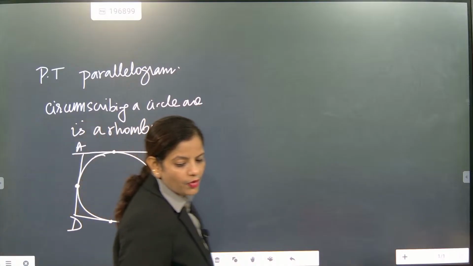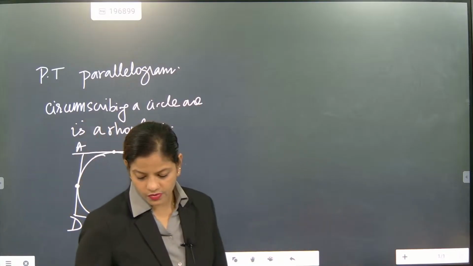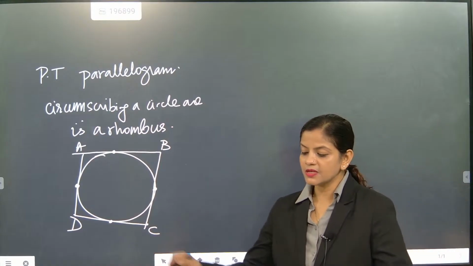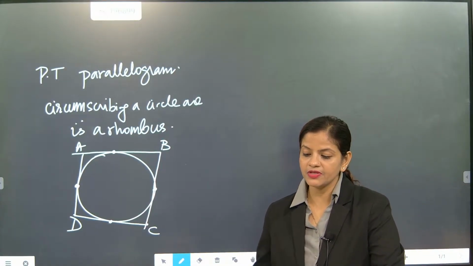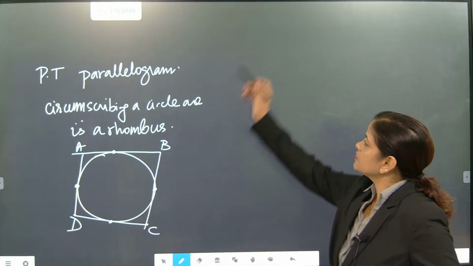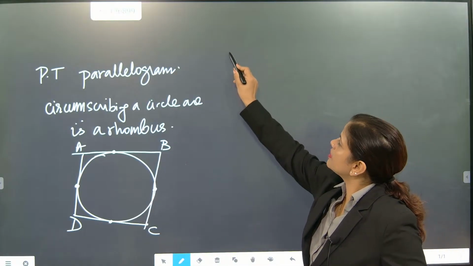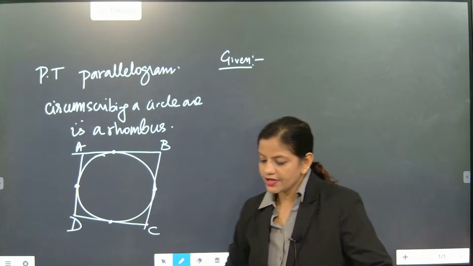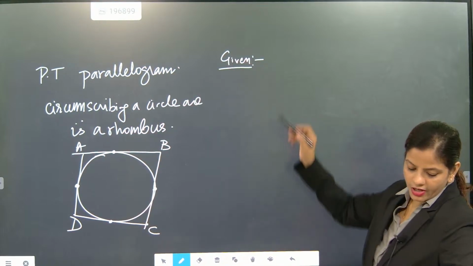So from an external point of a circle, tangents drawn are of equal length. We need to do that. So ABCD is a parallelogram. Already they have given that ABCD is a parallelogram. So now look here. In the given section, what we need to write here is ABCD is a parallelogram.